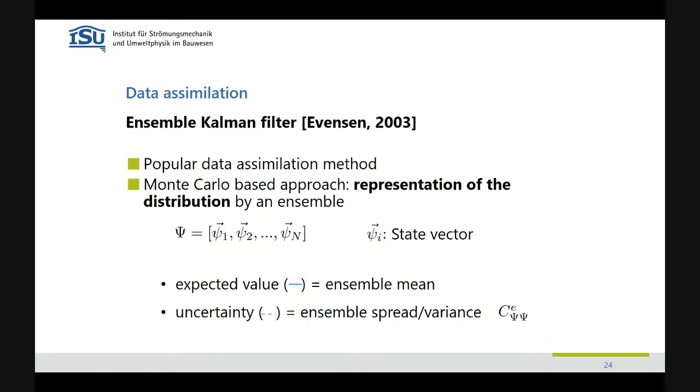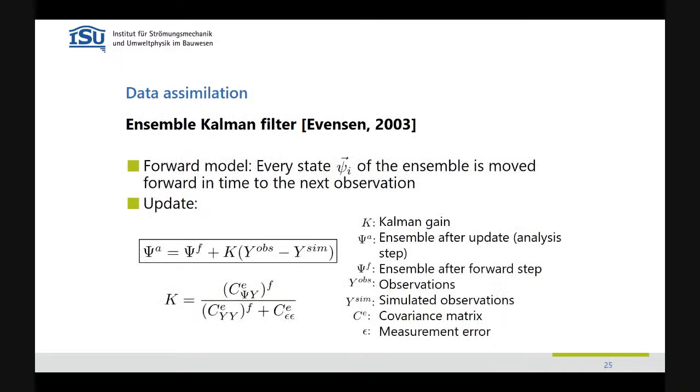So I have an expected value. This is represented by the ensemble mean and the uncertainty is represented by the ensemble spread. And how do I do the update? Here, I will be really short. So this F index stands for my model prediction. And then I get an updated model prediction by updating with something that is proportional to the mismatch of my observation and of my simulated observation.